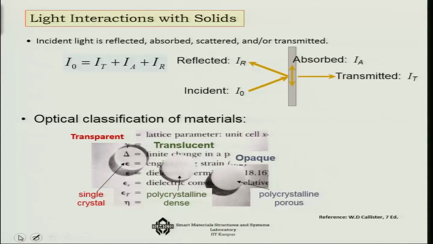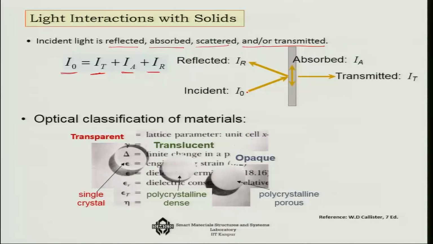Next is that light as an electromagnetic wave, when it falls on a solid, what happens to it? Well, the incident light, when it falls on a solid, can be reflected, absorbed, scattered, or transmitted. So we can write that the incident light I0 is going to have at least three parts: IT, IA and IR.